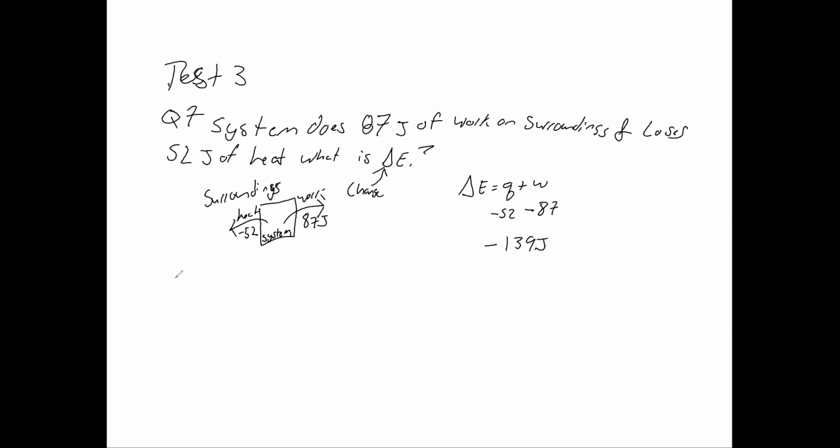So yeah, for that, if you're giving heat plus work, that's what you need to do. Let me unmute you. Sorry, I think I just muted you again. Okay. So it would be negative 52 minus 87. So it doesn't have to do anything with the plus sign.